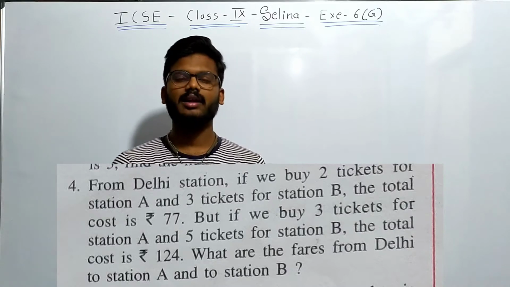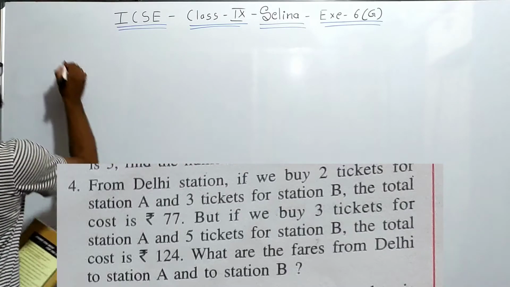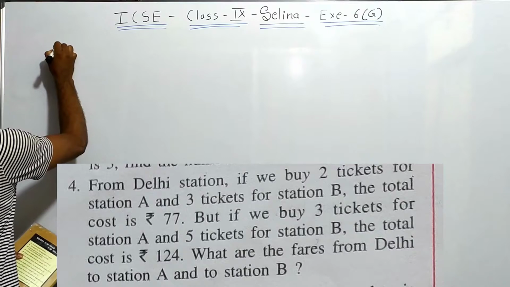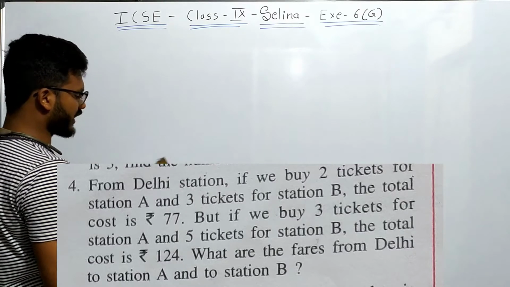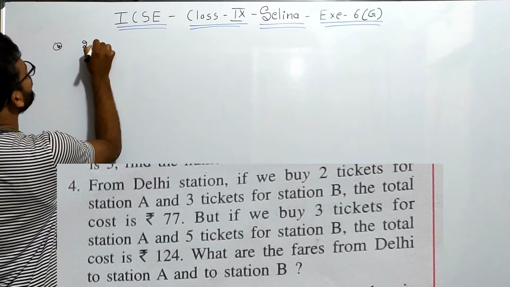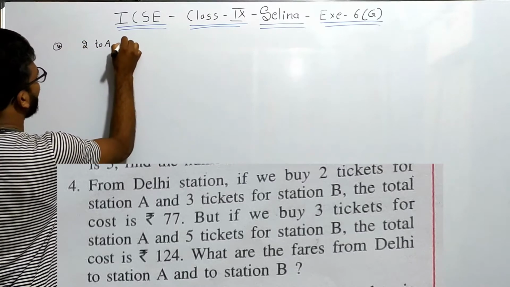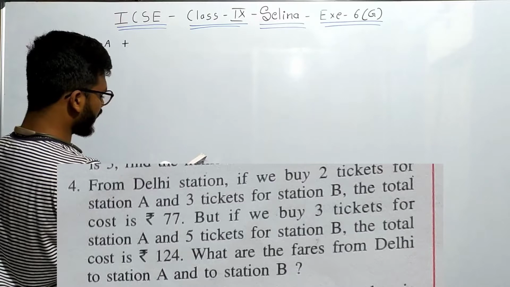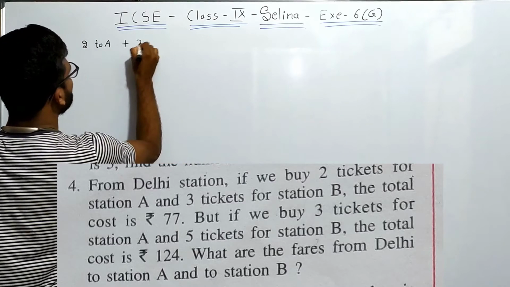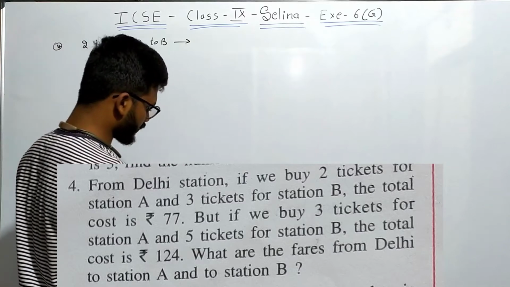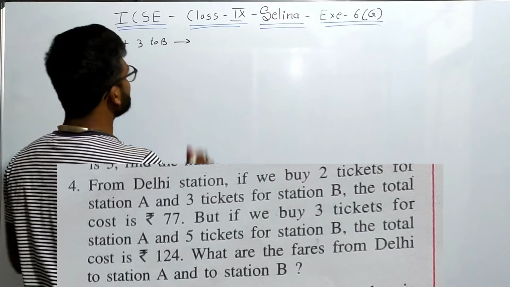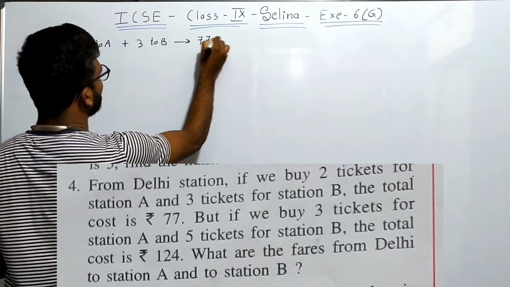See here they give two conditions. One, if you buy 2 tickets to station A and 3 tickets to station B, the total cost is 77.